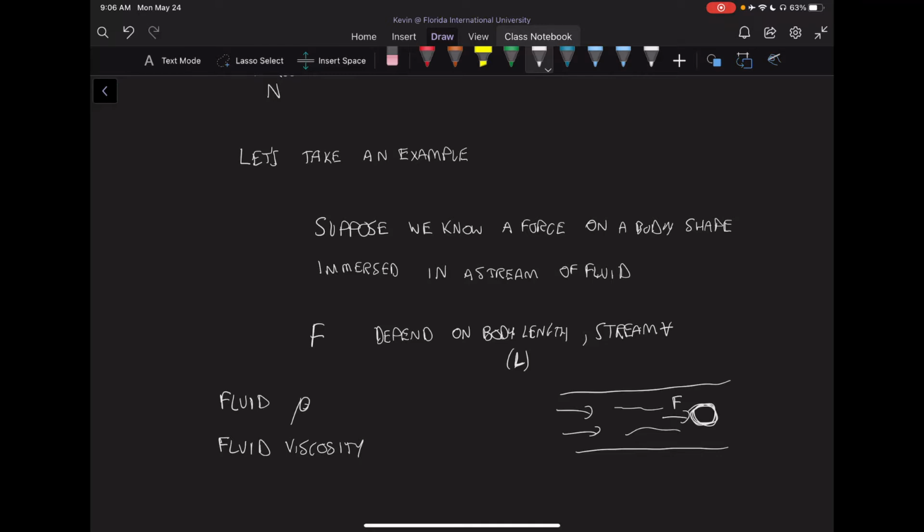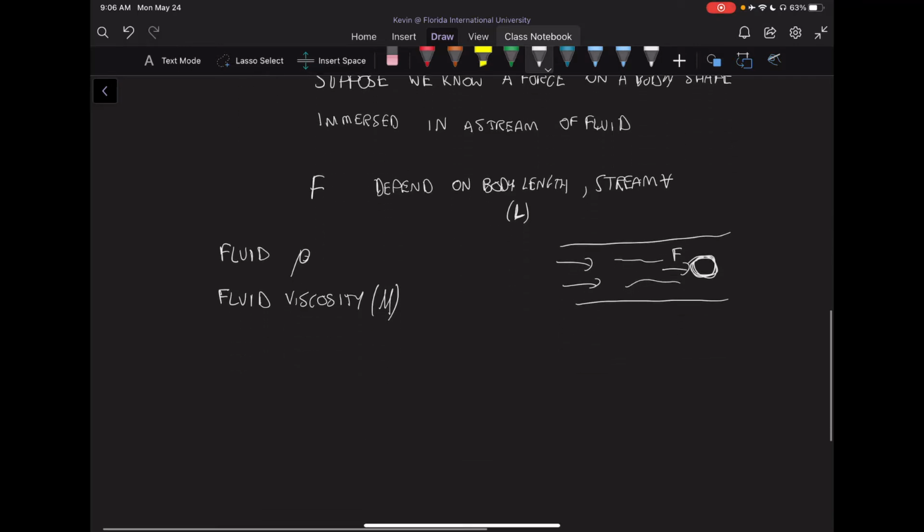And if you remember, viscosity is mu. So we can say that this force can be written as a function of all these parameters: length, velocity, density, and viscosity of the fluid.